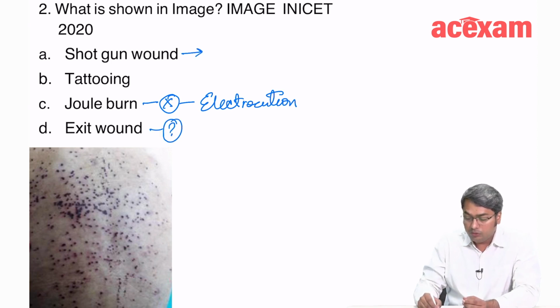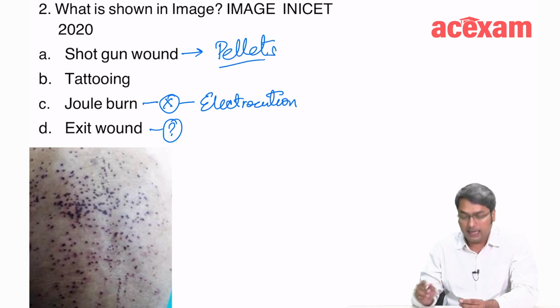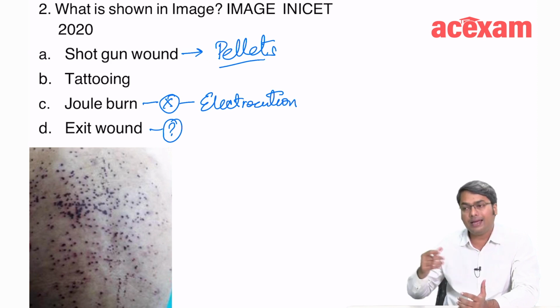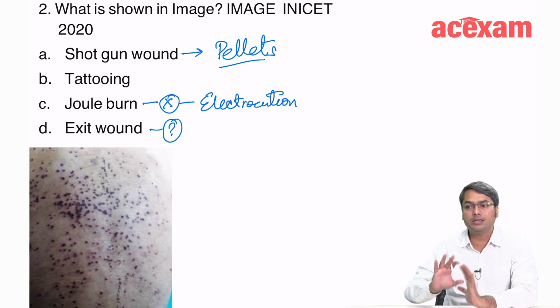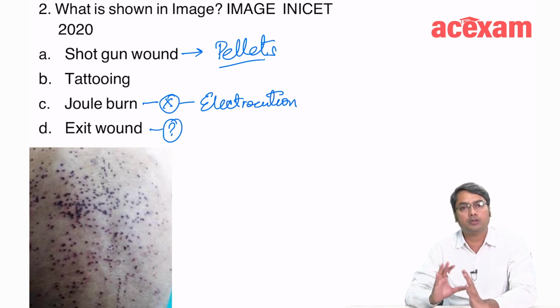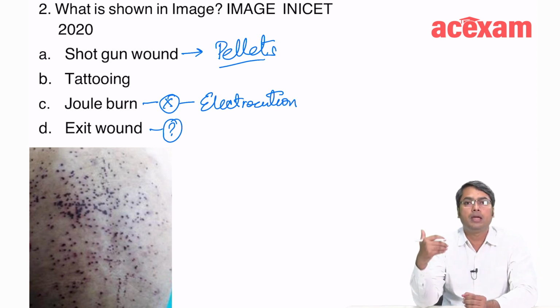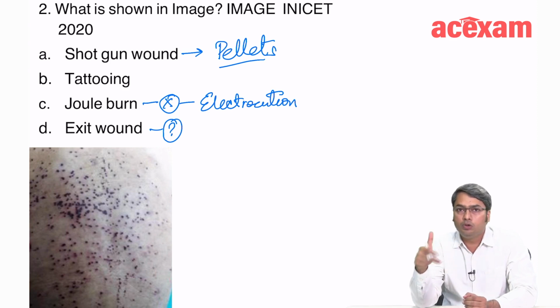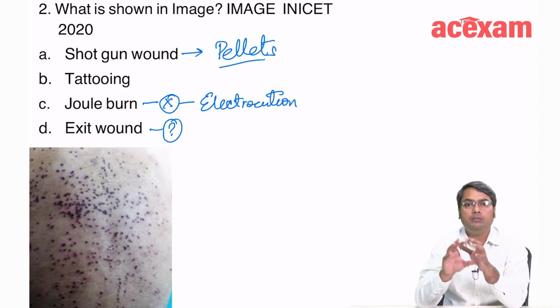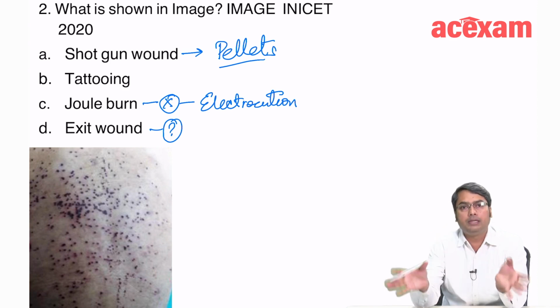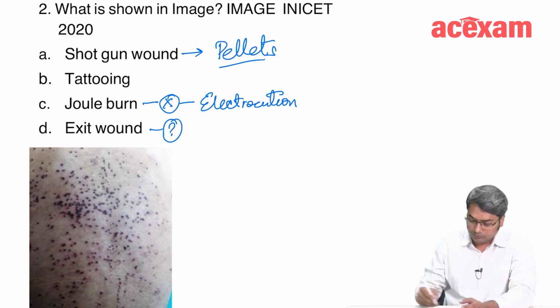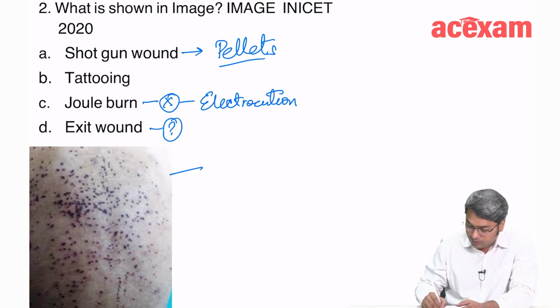Shotgun wound. Shotgun wound produces pellets. There are several pellets which enter into the body, and if the firing is at a distance of more than 2 meters, where the dispersion of the pellets has already started, if the distance between the target and the shotgun is more than 2 meters, then these pellets will be dispersed. And if it is 4 meters or more, then they will be completely dispersed. So this is a case of shotgun wound.